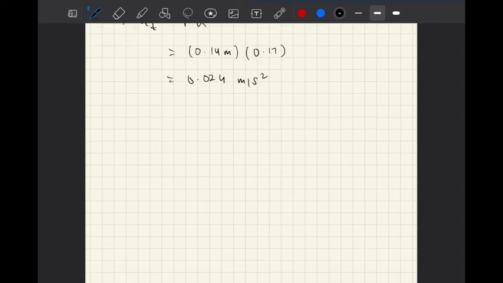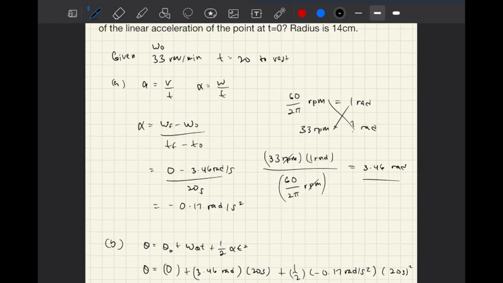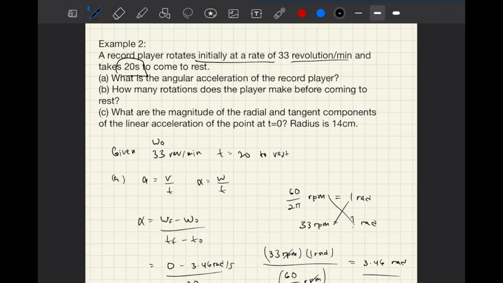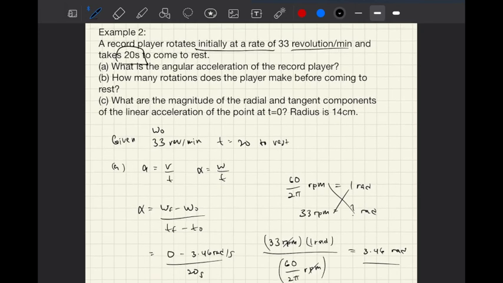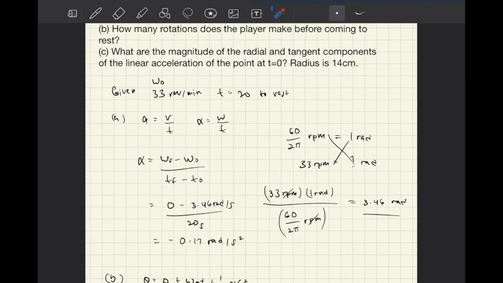All right, wonderful. Now the final question asks for the radial acceleration, so radius times omega squared. The radius is given there, which is 14 centimeter, converted to meter is 0.14 meter, and then the initial rate, which we already converted from 33 revolutions per minute.